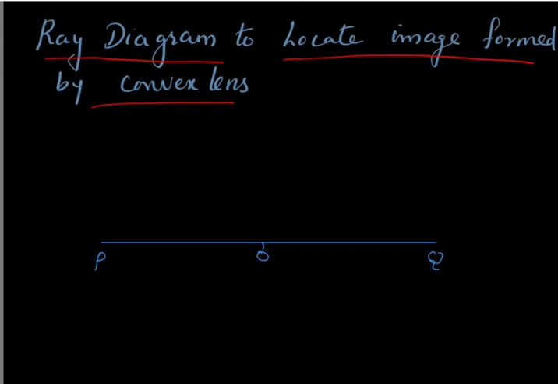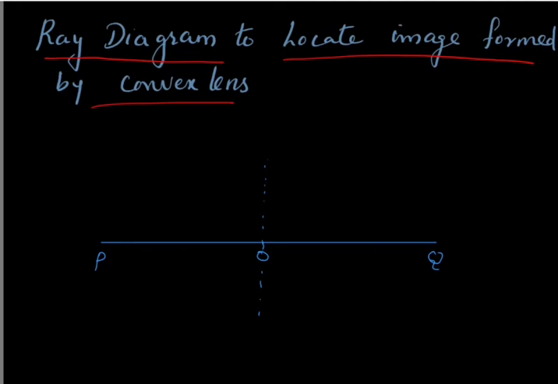Now through the optic center, perpendicular to the line PQ, you mark a dotted reference line to show the refracting surface. That is the line which is passing through the geometric center of the lens.